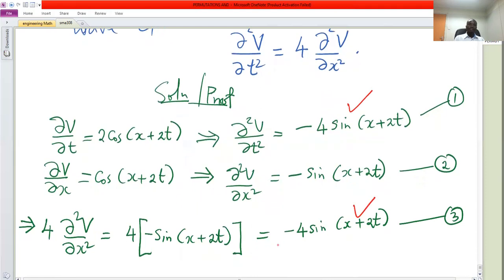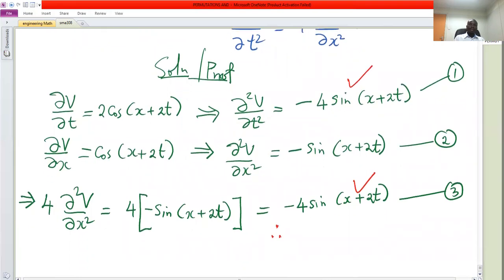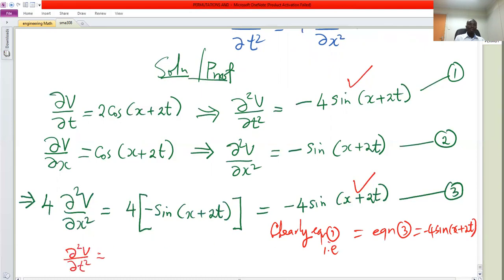So therefore, clearly, equation 1 equals equation 3, which is minus 4 sine of x plus 2t, i.e. partial squared v partial t squared equals 4 partial squared v partial x squared. Then you rest your case. So that is how we prove that some functions satisfy the equations. So thank you.